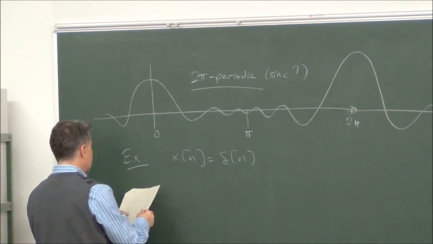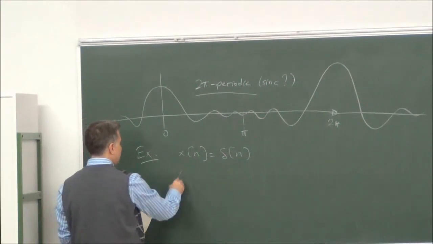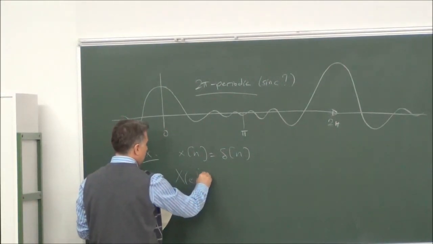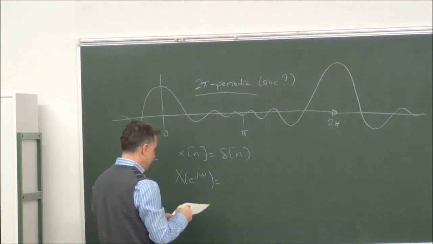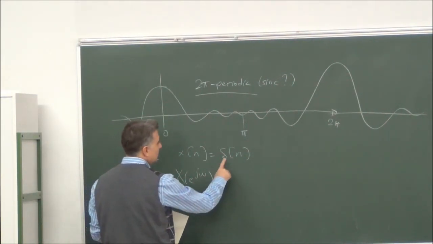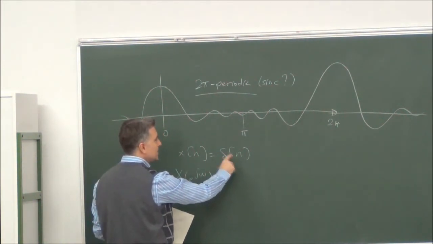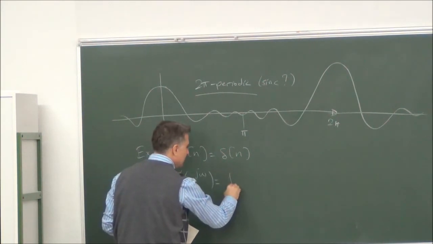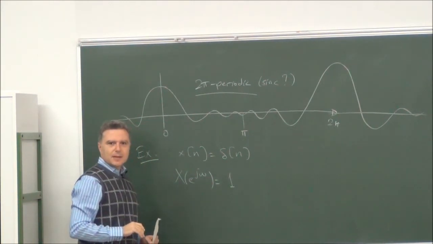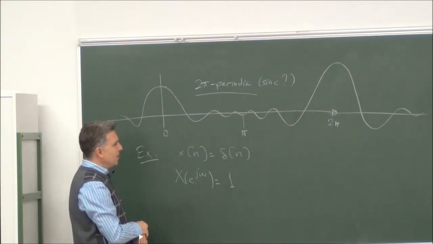When you take a look at the Fourier transform expression, the summation will give you only one non-zero term, and that non-zero term is at n equal to 0. So the result is eventually 1. That summation will give you a 1. So this is the Fourier transform.